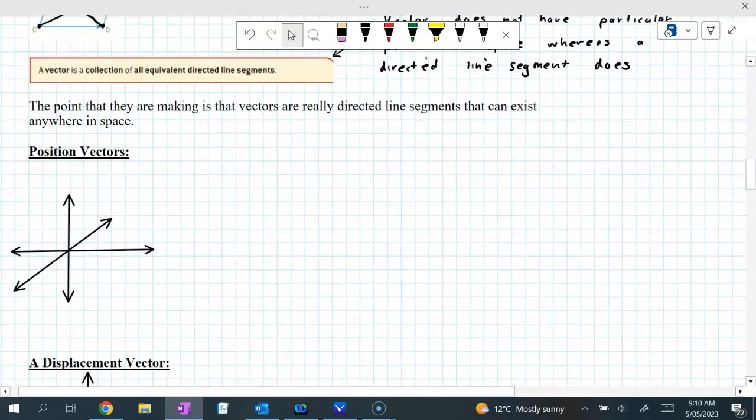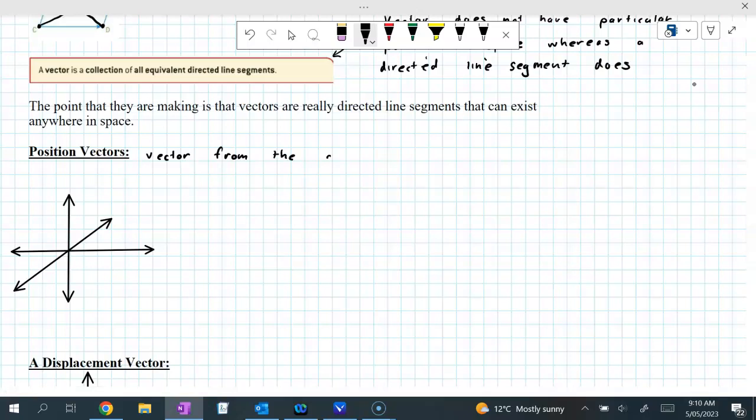So, what's a position vector? Well, it's a vector from the origin to any point. That's the position vector of the point.